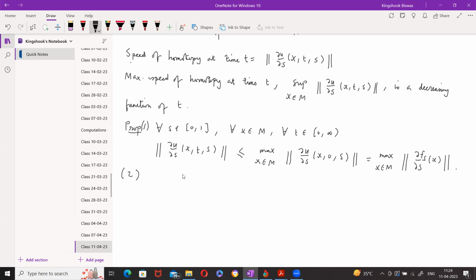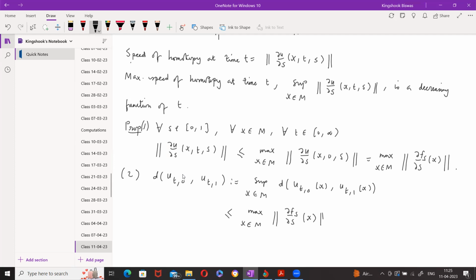It says that the distance between u_t^0 and u_t^1, which is defined to be the sup over x in M of the C0 distance between u_t^0(x) and u_t^1(x), is less than or equal to the initial speed of the homotopy, so the max over x in M of the norm of del F_s del s of x.